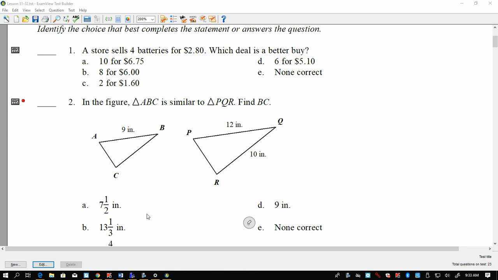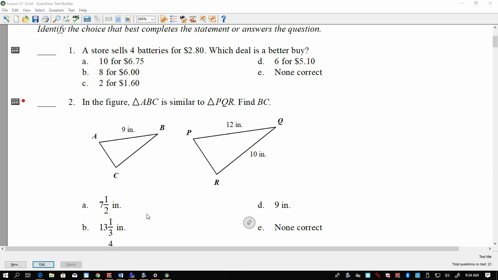What's 6.75 divided by 10? Come on, guys. About 67 cents, 0.5, so let's say 68 cents. Well, that looks like a better deal, doesn't it? Let's check the others just to see. What's $6 divided by 8? 75 cents, so that's not as good.